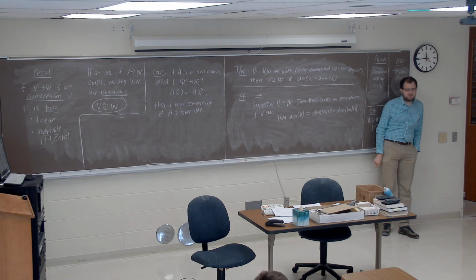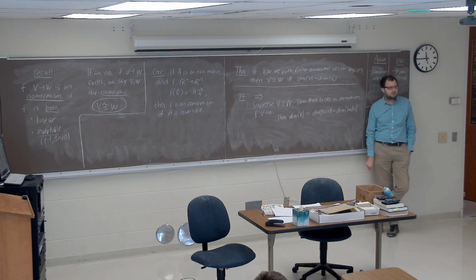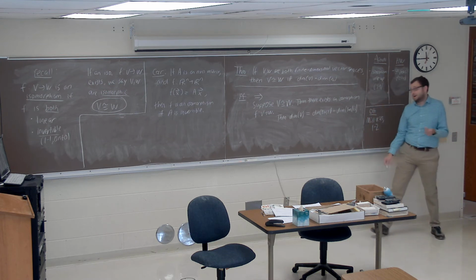What result tells us that the dimension of V should be equal to the dimension of the kernel plus the dimension of the image? Isaac? The rank nullity theorem. Yeah, so in other words, we're just using the rank nullity theorem here.